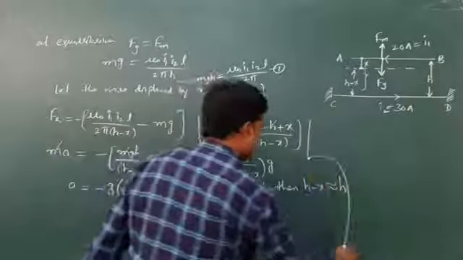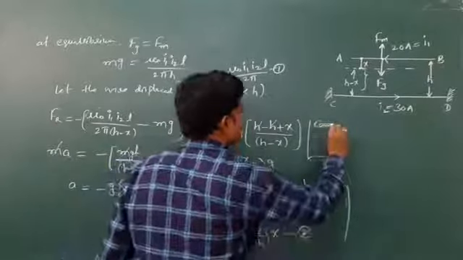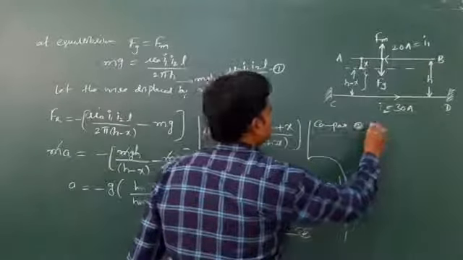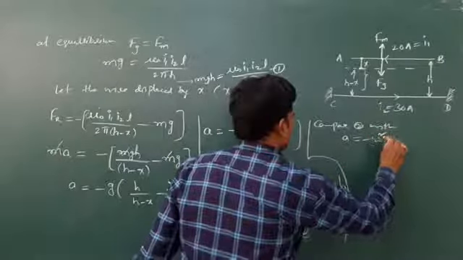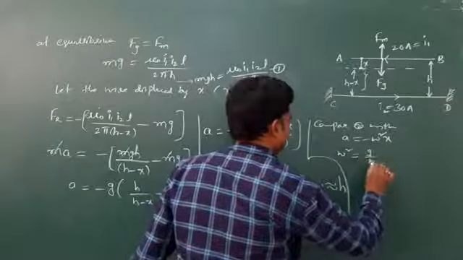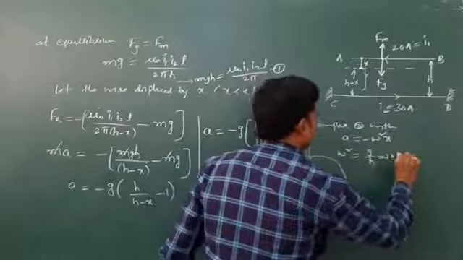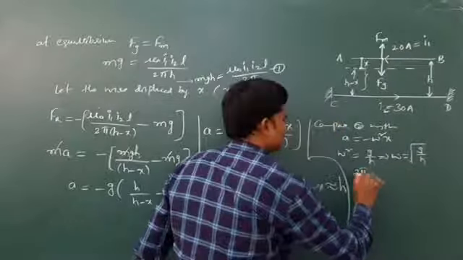So definitely that body executes SHM. Compare equation 2 with the regular equation A is equal to minus omega square x. Therefore, omega square is equal to g by h, so omega is root of g by h, equal to 2 pi by T.